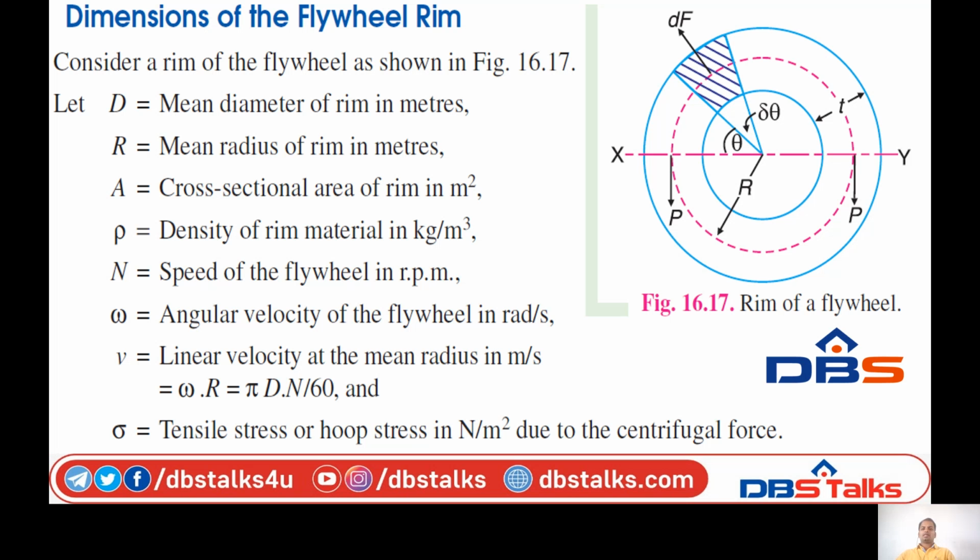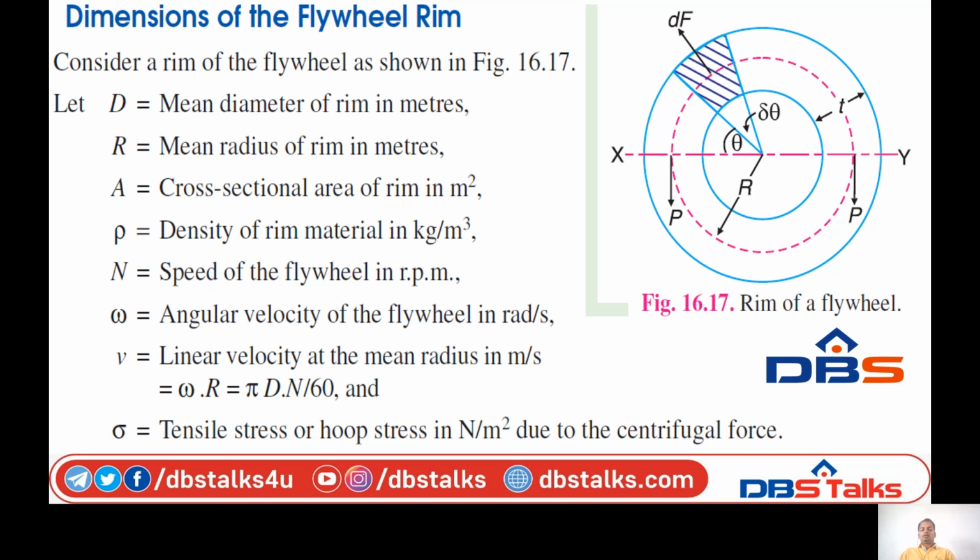In that, let capital D be the mean diameter of the rim and capital R be the mean radius of the rim. A is the cross-sectional area, rho is the density of the rim material, and n is the speed of the flywheel. Omega, the angular velocity of the flywheel, we can find by the formula 2 pi n by 60, and v is the linear velocity at the mean radius.